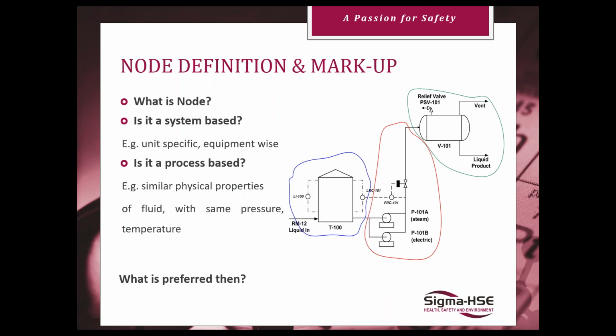So a node can be system-based, process-based, depends on the operation. Usually it's process, design intent based. If you have something simple like an LNG peak shaving facility, you'd have truck transfer from the truck to a bunkering tank. So from the truck to the tank would be one node.